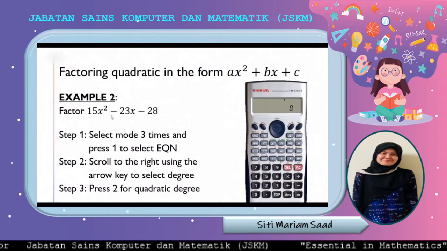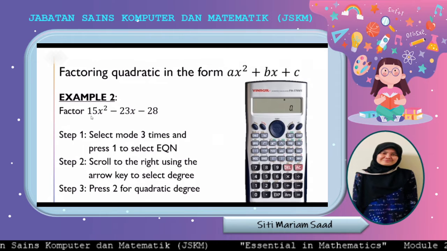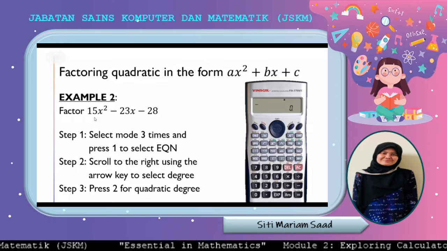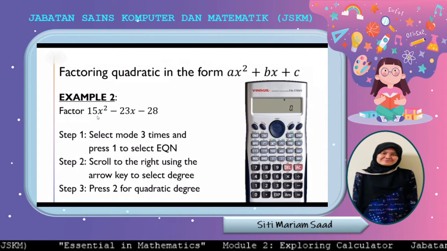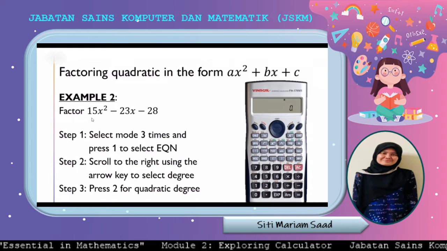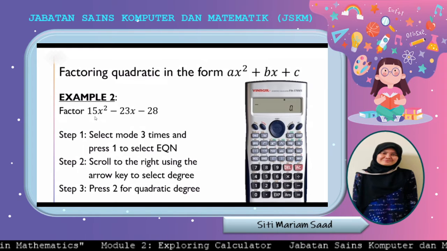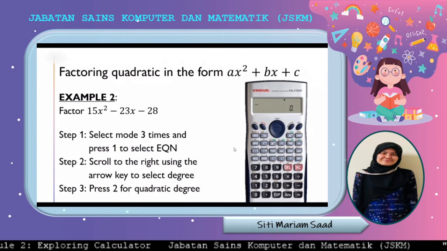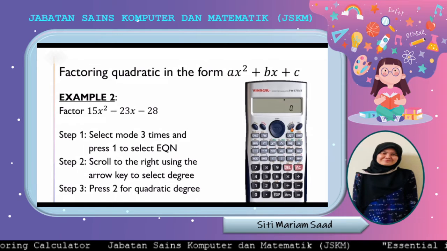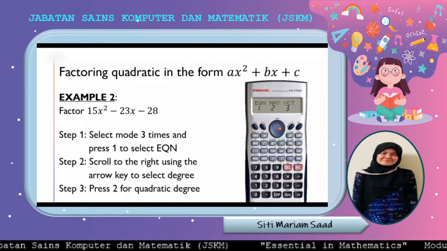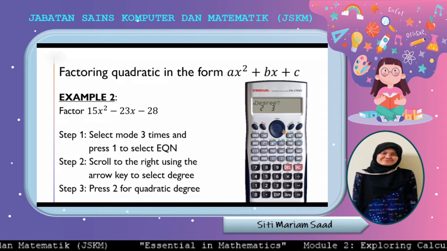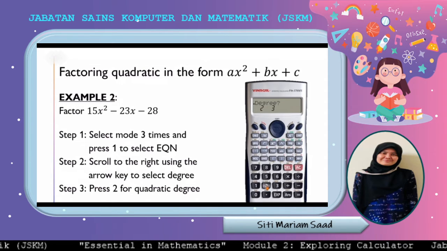Now we will factor the second quadratic, 15x squared minus 23x minus 28. For this example, the coefficient a is greater than 1, which is 15. To factor this quadratic, we repeat the same steps. Press the mode button 3 times, press 1 for equation, then scroll to the right and press 2 for quadratic degree.